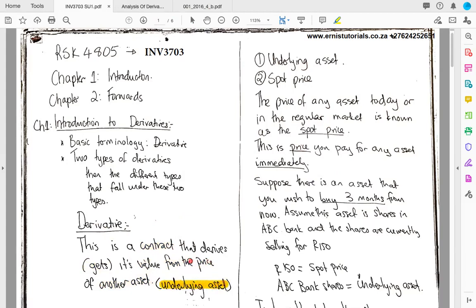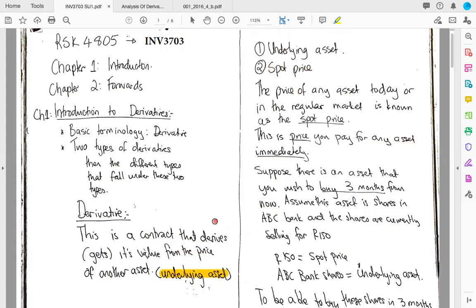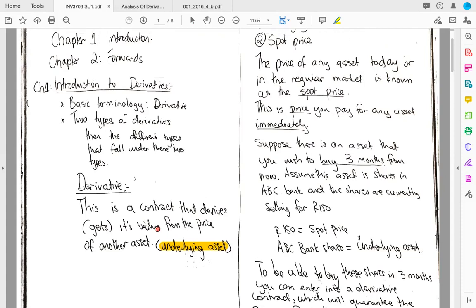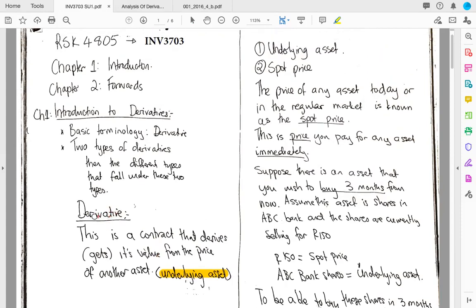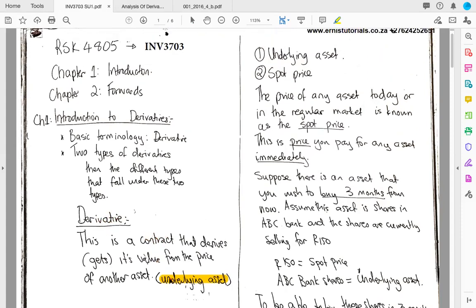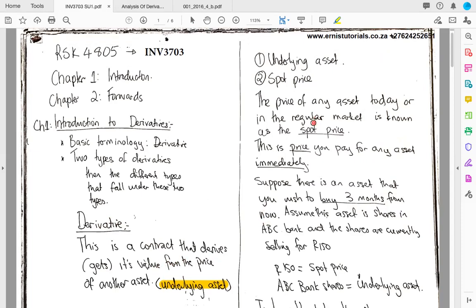So let's just talk about what an underlying asset is and what a spot price is. And then after that, hopefully you'll be able to understand what we mean when we say that a derivative is a contract that gets its value from the price of another asset, right? So underlying asset and spot price, these are two important terminologies that you need to understand before we explain this definition.